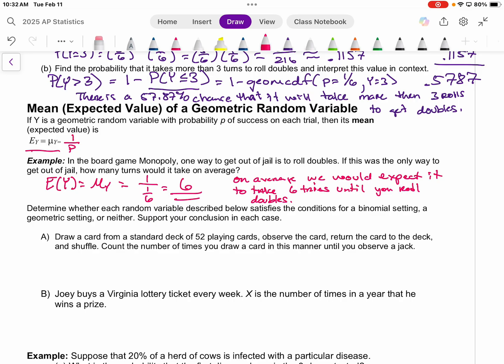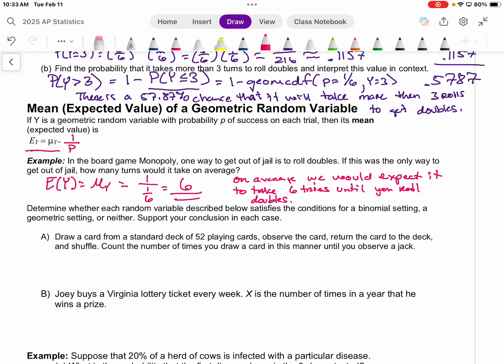Now, how many of you all play Monopoly and you change some of the standard rules? Anybody play it and change it, tweak it a little bit? Have family ways of tweaking it? Yeah. So sometimes you could say, I wanted to make it harder for people to get out of jail. So instead of saying there are 6 possible ways, you just narrow down, hey, the only way to get out is double ones. Now my probability of success is 1 out of 36. And so now that would change.